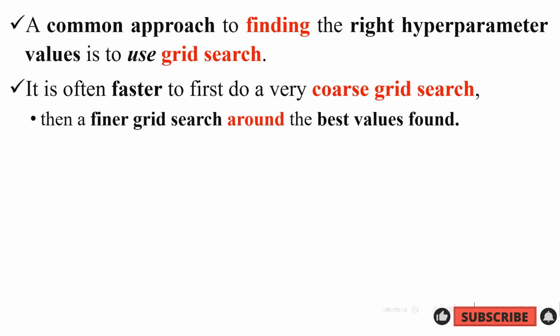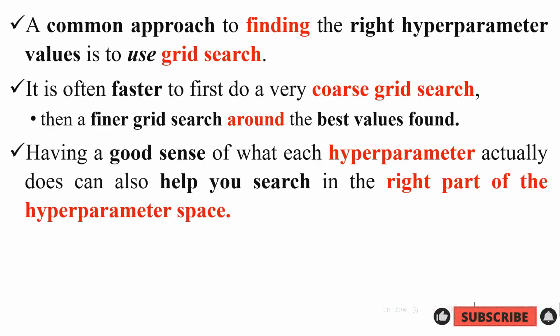It is often faster to first do a very coarse search, then a final grid search around the best values you have found. Having a good sense of each hyperparameter can also help you settle in the right part of the hyperparameter space. So this is about the polynomial kernel.